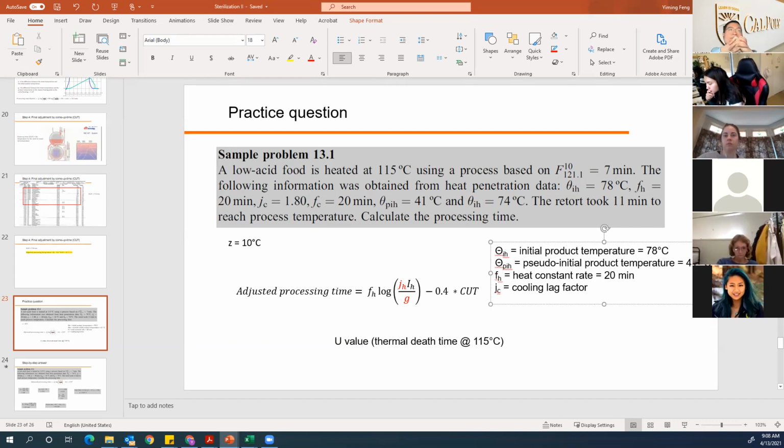In the JH calculation, the retort temperature is the final retort temperature, which would be 115. Yep, the theta R that we use is the final retort temperature, and you can see here it's 115 degrees C. That theta R is actually the constant.